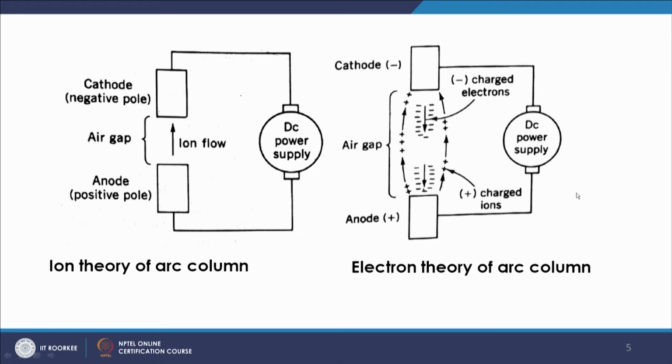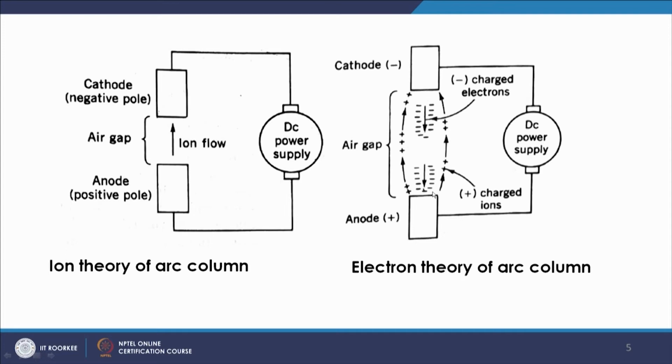Now, what we see is that electrons are moving through this gas column, that is, in between you have the plasma. There is a large amount of electrons coming from the cathode, moving at a high velocity, and they are bombarding this anode surface.